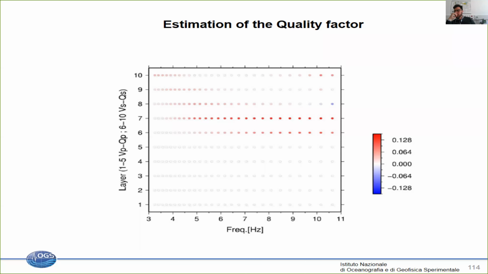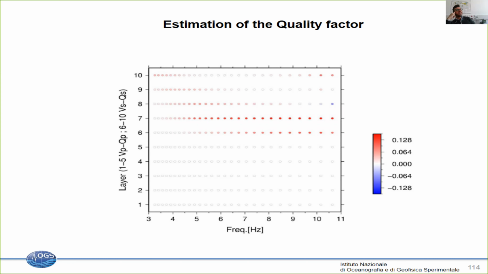We also had many test case studies where we tested the method and we could compare the results of the quality factor obtained in this way with the quality factor obtained in other ways. And the results were quite positive, and in some cases also quite interesting.